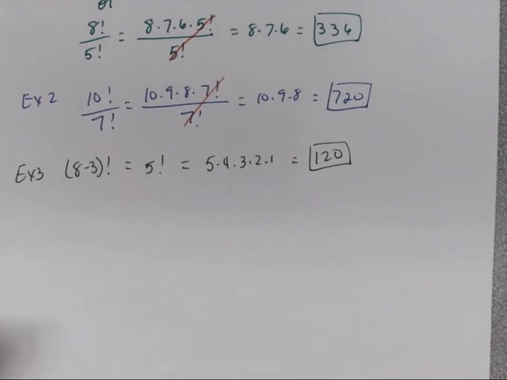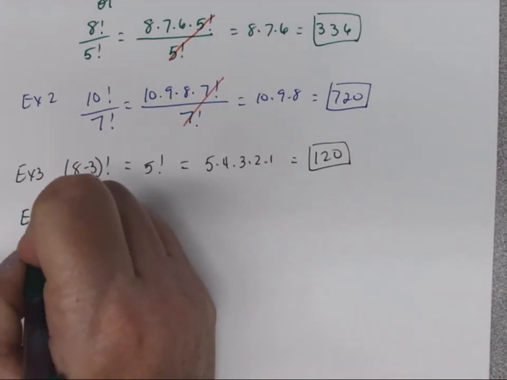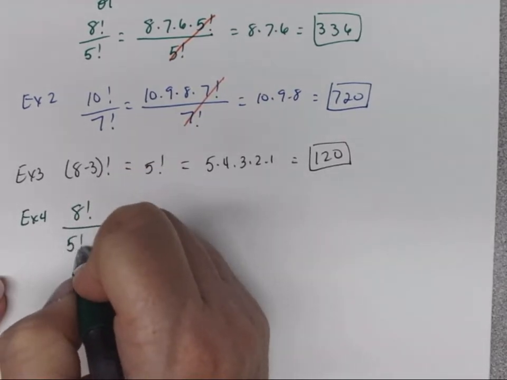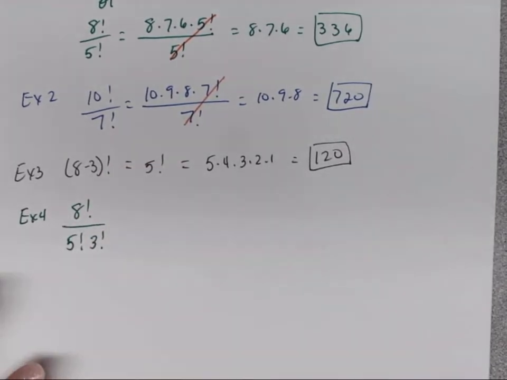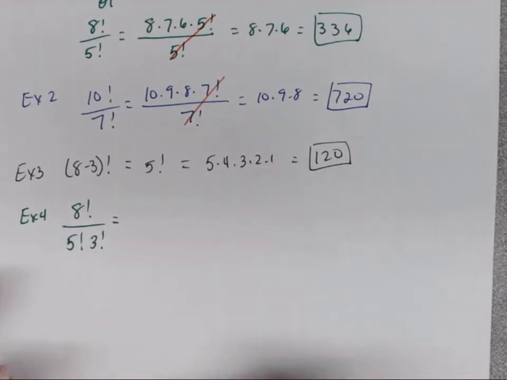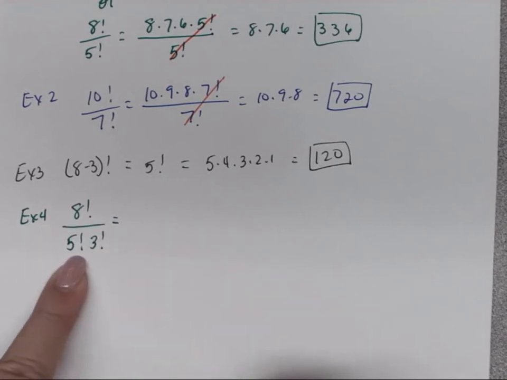All right, let's look at example 4. We have 8 factorial over 5 factorial times 3 factorial. On the top, 8 goes all the way down to 1, but this 5 also goes down to 1.